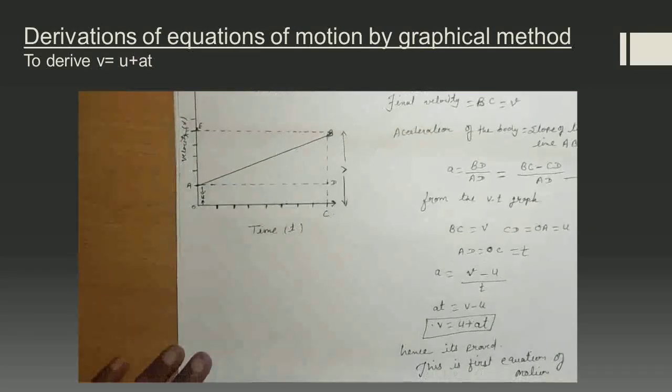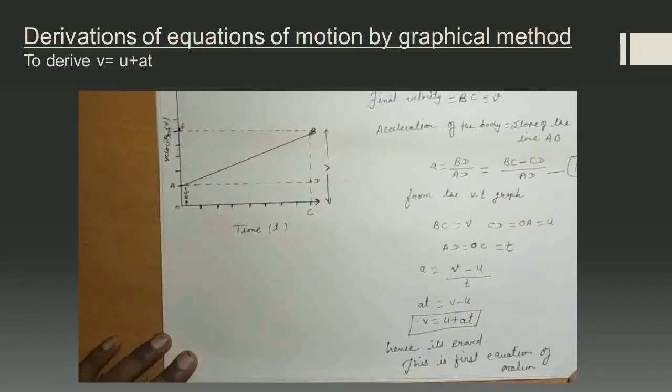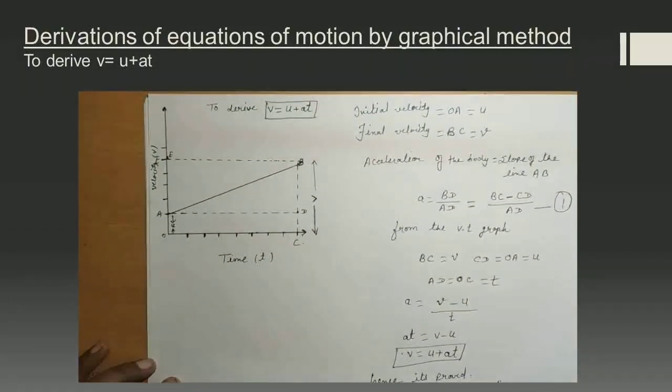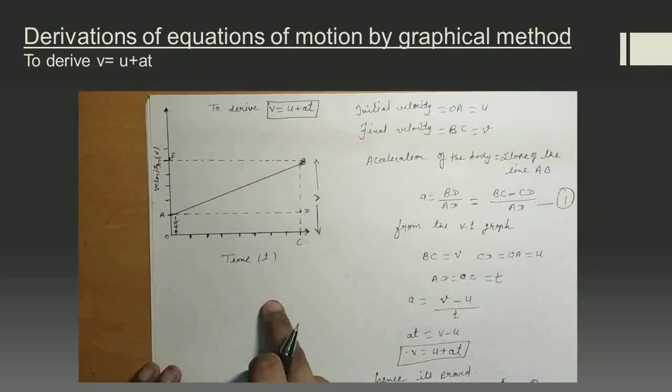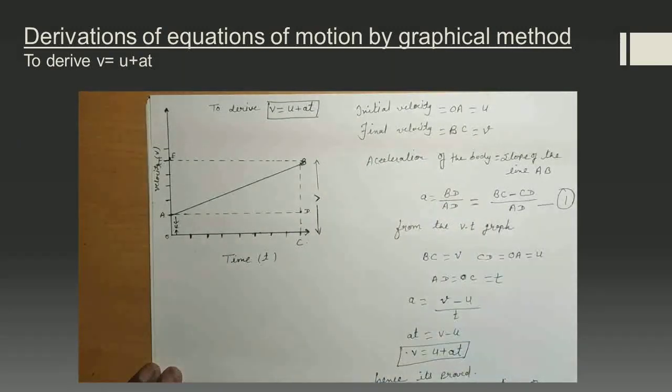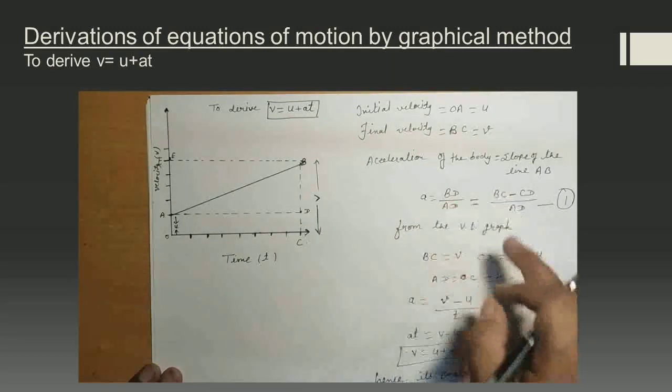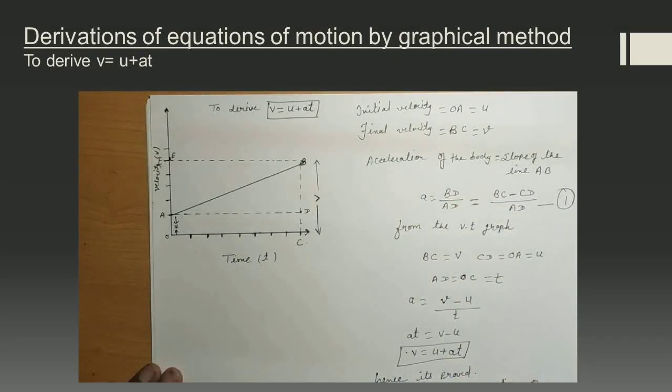Got it? So by the velocity time graph, we could derive the first equation of motion, and that is v is equal to u plus at.